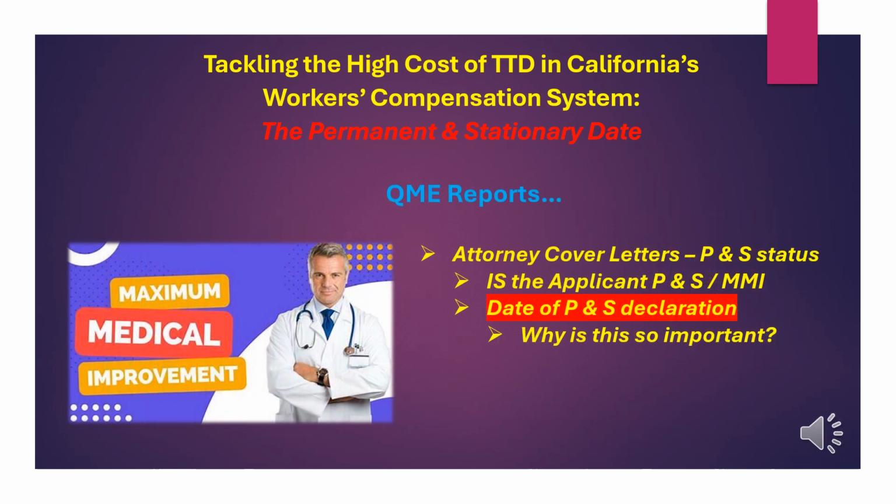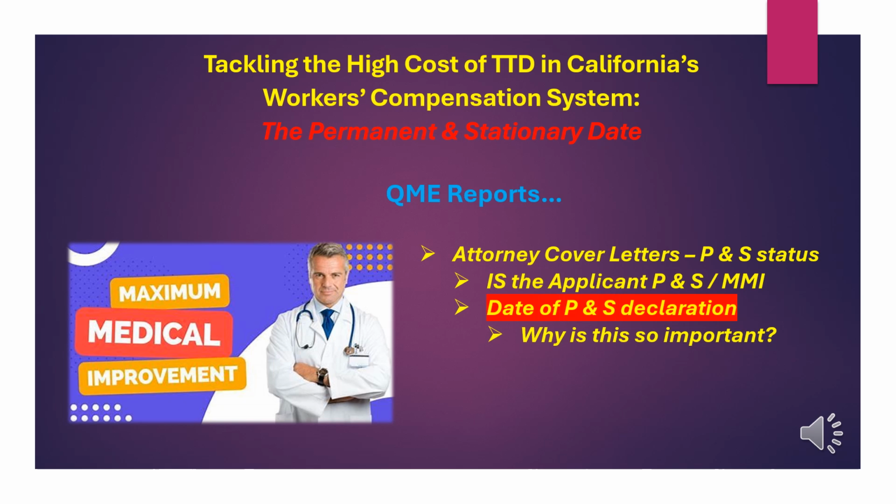Okay, so let's take ourselves back to the last QME report that we were working on, and we were addressing the questions that were posed by the attorneys and the claims administrator in their cover letters. Now, think about the questions regarding the permanent and stationary or maximum medical improvement status of the examinee. Have you really considered why the permanent and stationary section is broken down into two separate yet related questions?